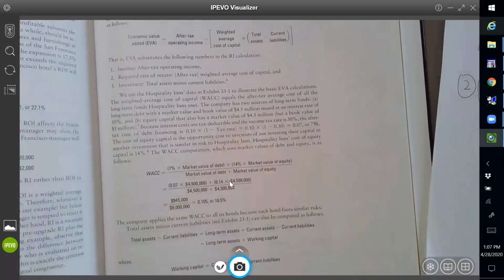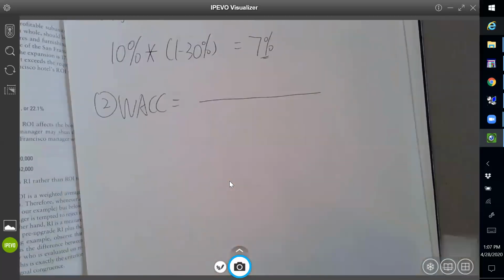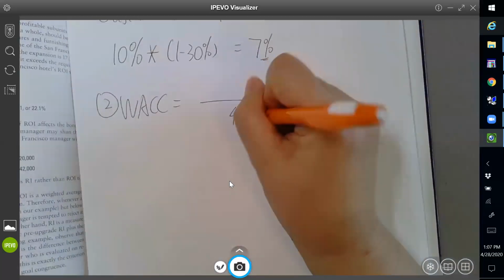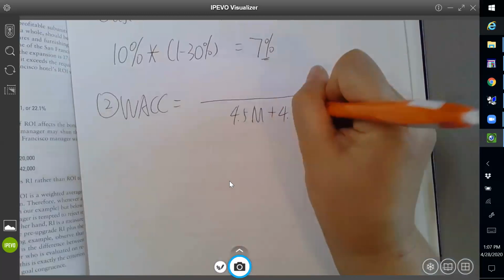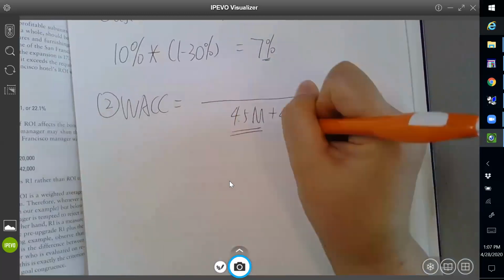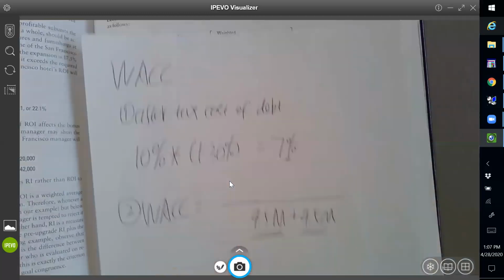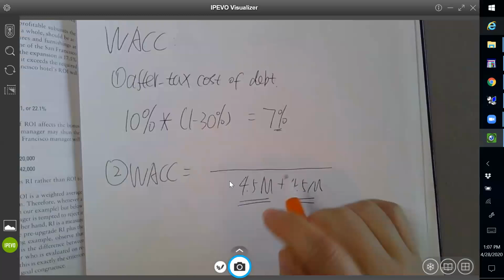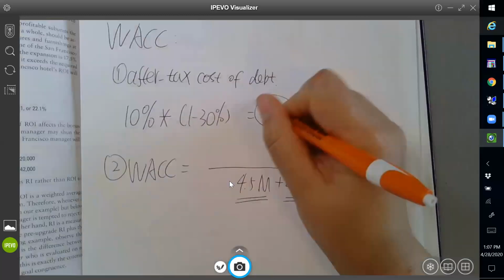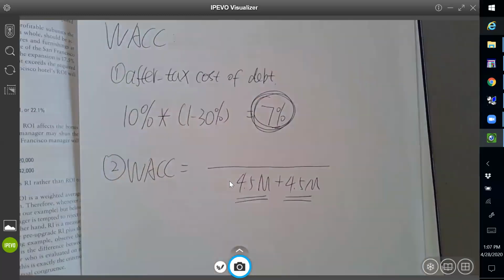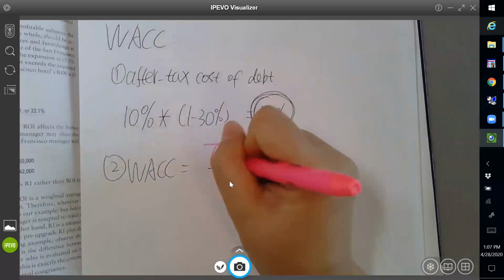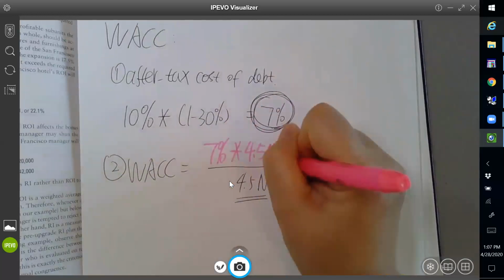Our total equity, we go back to here, is also 4.5 million. So we totally borrowed 9 million: 4.5 million is debt, and this is equity. Then our after-tax cost of debt will be 7%, and we borrowed 4.5 million.